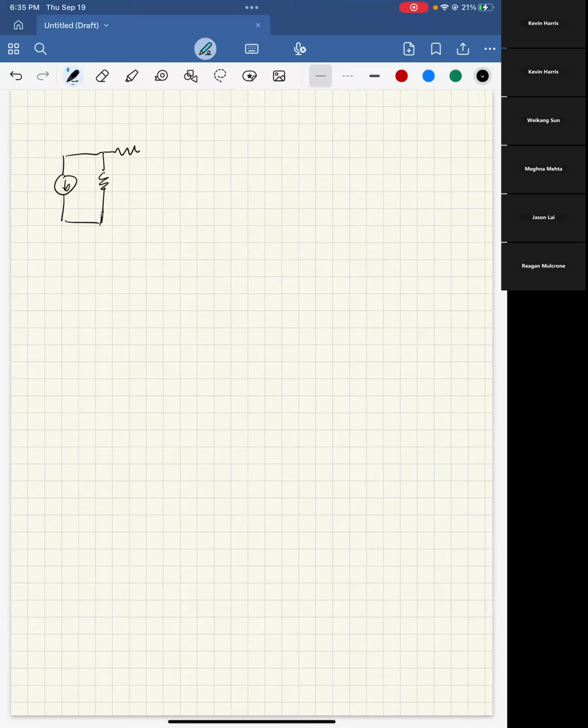I believe on your last quiz, you also had a question like this where they just said, write these equations down, don't try to solve. Solving a system of equations takes a very long time if it's more than like 2 or 3 equations.